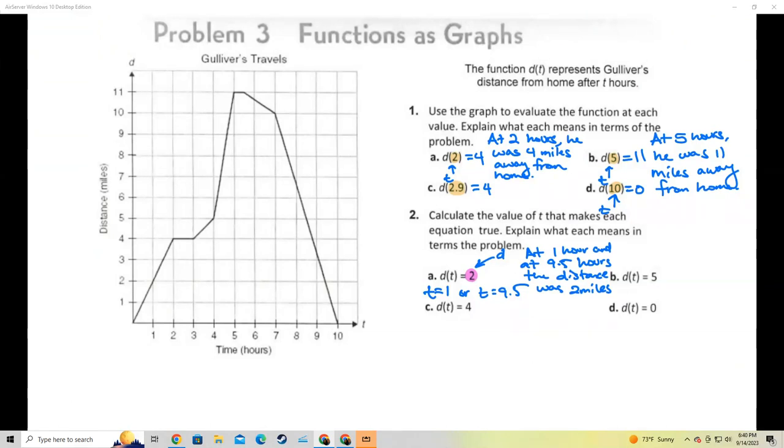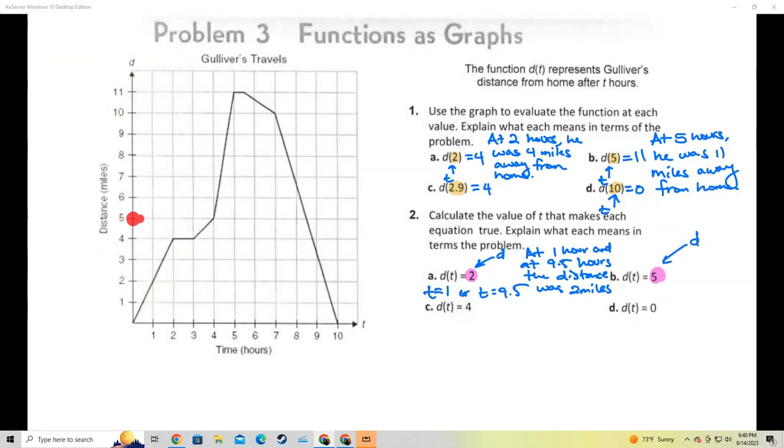Let's take a look at letter B. Letter B says d of t equals 5. That 5 is on the outside. That makes it a y value, but again, our y values are really d's. So when my distance is 5, here are my distances, and I want my distance to be 5, which is right here.